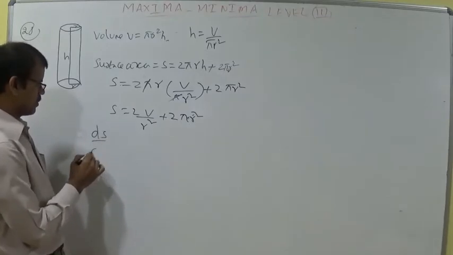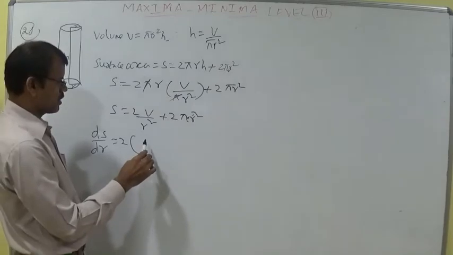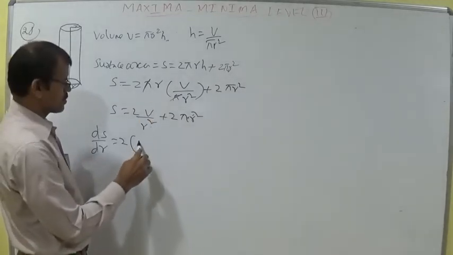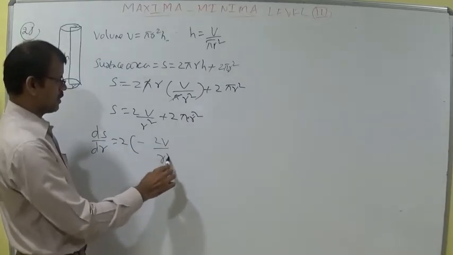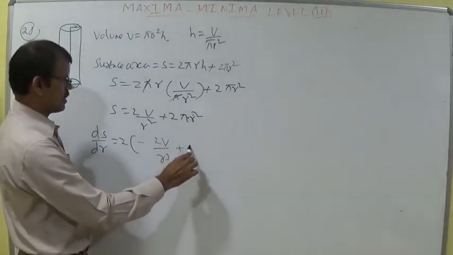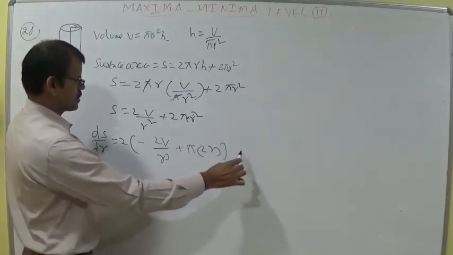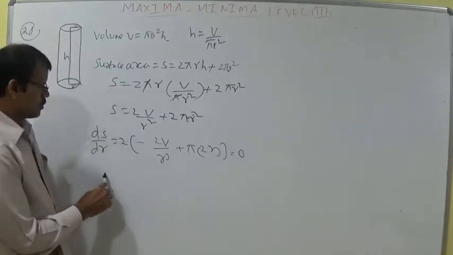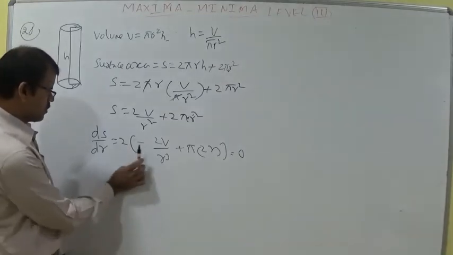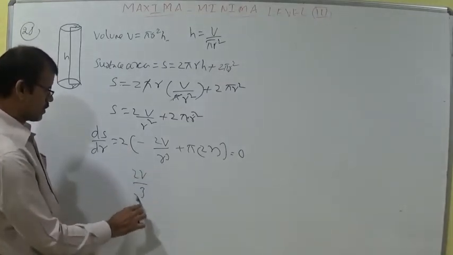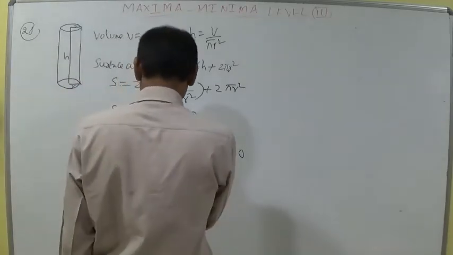dS by dr I am writing. By taking 2 common, derivative of 1 by r square is minus 2 by r cube, so minus 2V by r cube, plus 2 pi into 2r is equal to 0. So 2V by r cube is equal to 2r pi, 2 and 2 get cancelled.